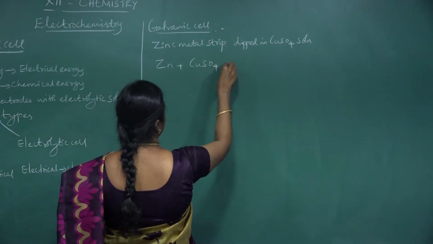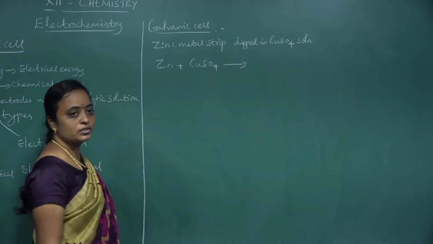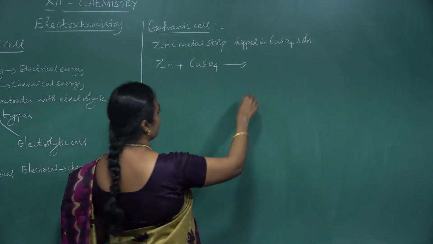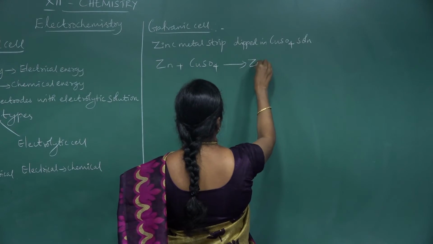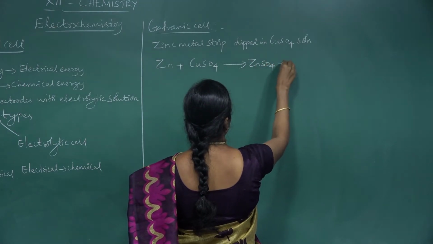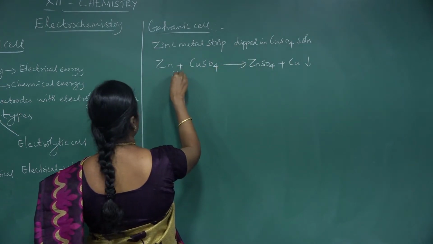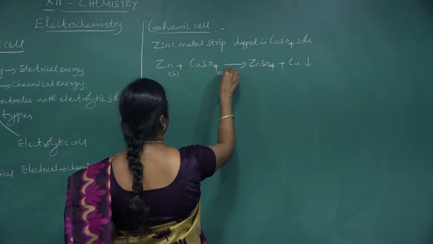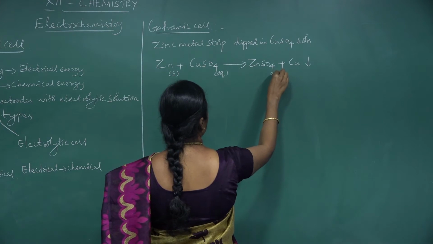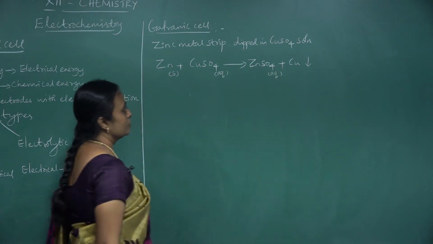Zinc is dipped in a copper sulfate solution, and there is a possibility of a reaction. The zinc is converted into zinc sulfate and copper is deposited, which will be in the solid state, and the zinc sulfate in the aqueous solution.